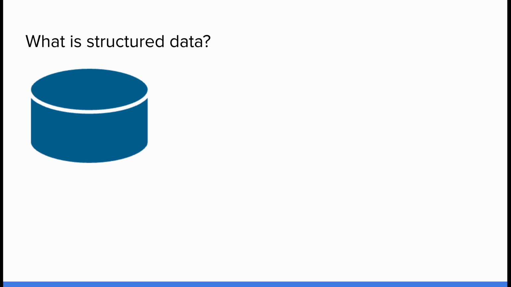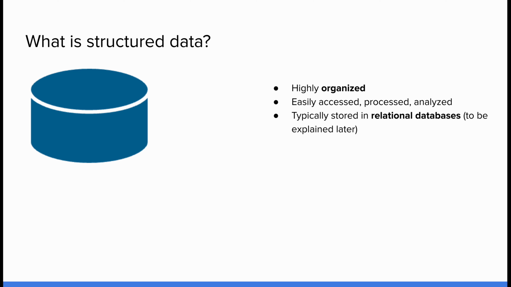Structured data is the type of data that you are probably most familiar with. It is highly organized and follows a predefined format. It's typically easy to access, process, and analyze due to its consistent nature and structure. Typically, it is stored in a relational database, which is represented on the left and which we'll discuss in more detail later.